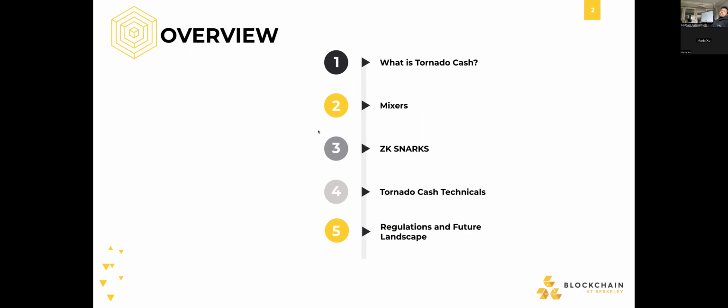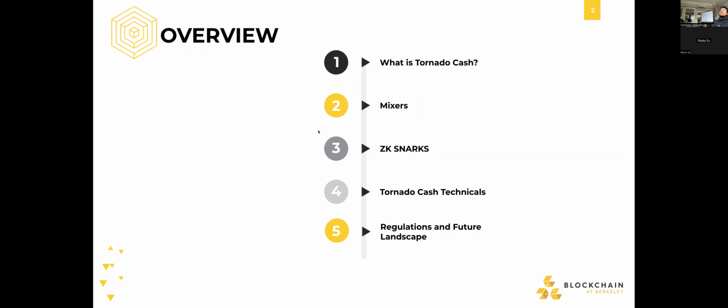Then we'll talk about ZK and SNARKs, which is what makes Tornado Cash different and allows the whole non-custodial part of it. We'll move into the technical part, which is a deep dive on the white paper. I have some slides on that. And then we have a slide on regulations and what comes next.